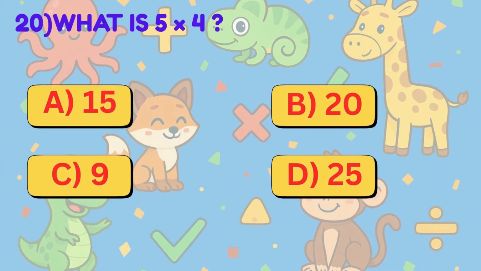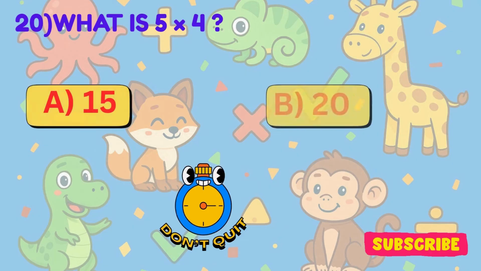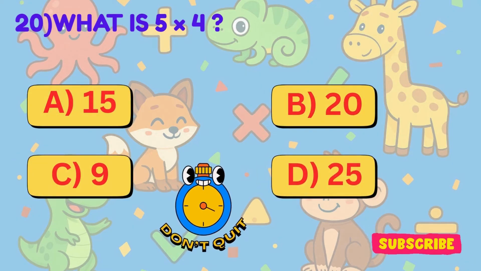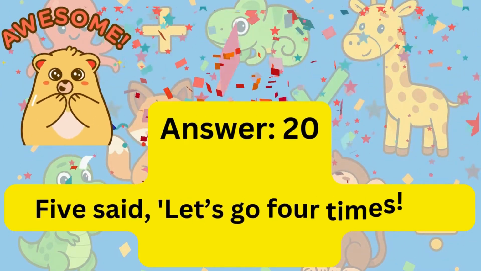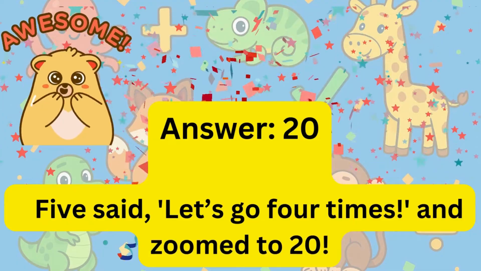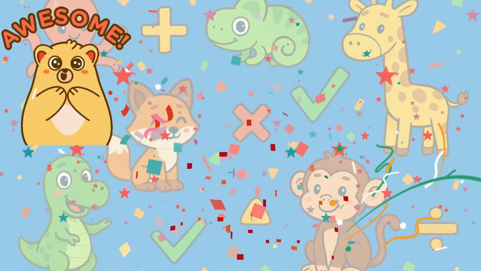What is 5 times 4? Is it A, 15, B, 20, C, 9, or D, 25? Correct answer is 20. 5 said, let's go 4 times and zoom to 20.